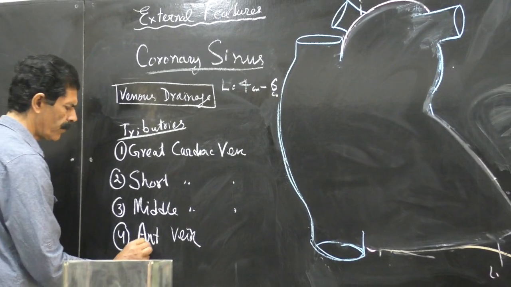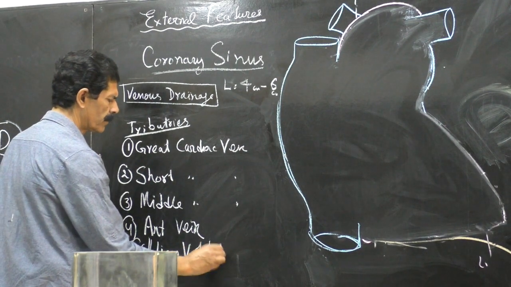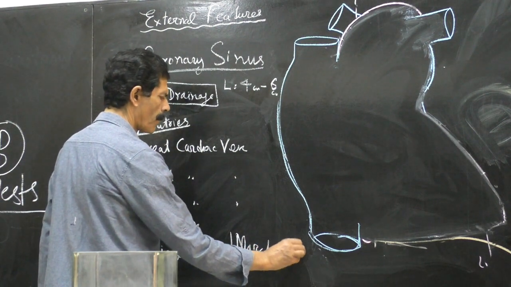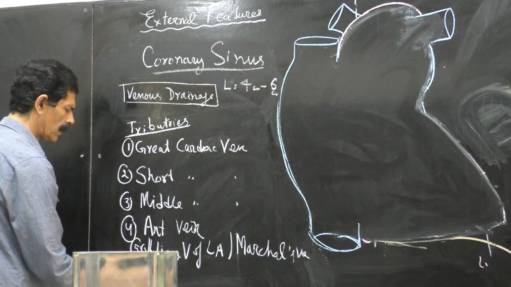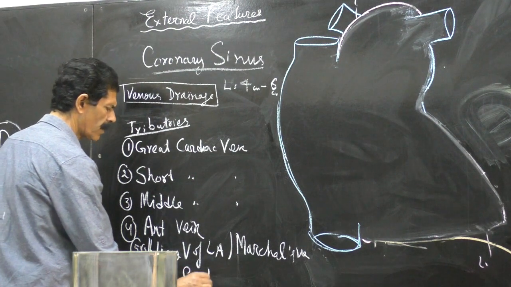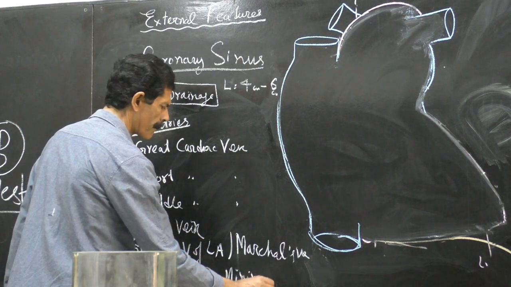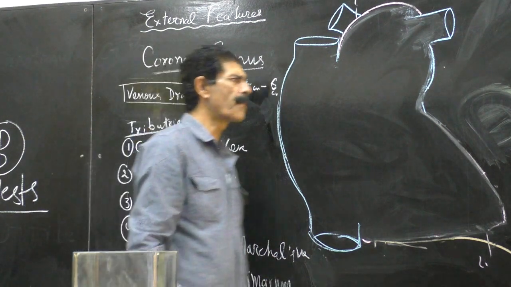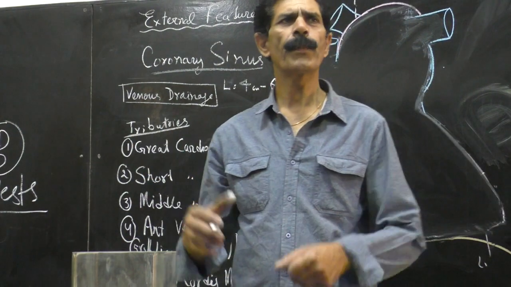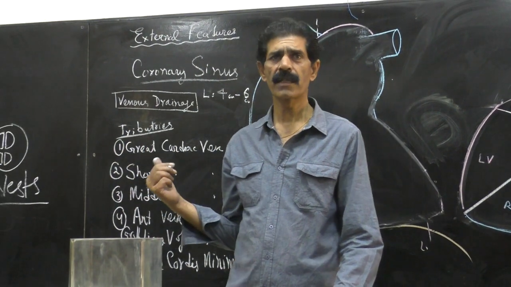Then the oblique vein of the left atrium, also called Marshall's vein. And there are the venae cordis minimae. So they are the various tributaries, small or large veins, which are opening into, or bringing the impure blood from here and there into, the coronary sinus.